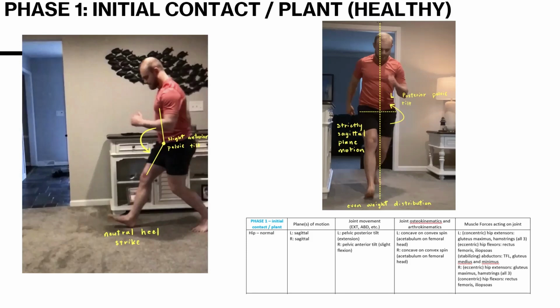Our stabilizers are our abductors, which include the TFL, or the tensor fascia lata, glute medius, and minimus. In relation, on the right side, our hip extensors are now contracting eccentrically, with our hip flexors contracting concentrically. The same muscles are activated just like on the left side, with exception of their actions, as they are opposite.